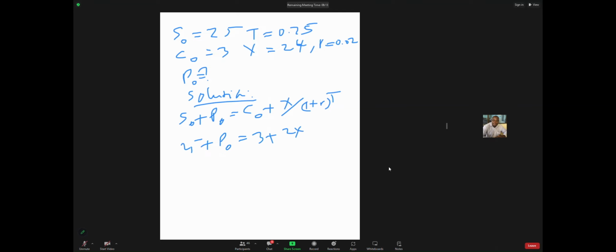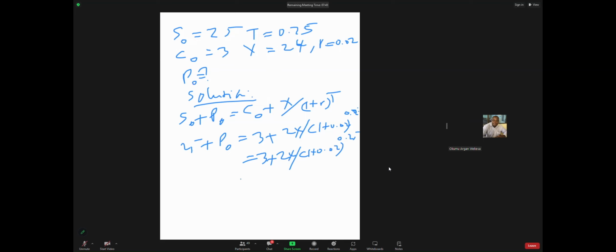So 24 divided by 1 plus 0.02 raised to 0.25, a quarter.